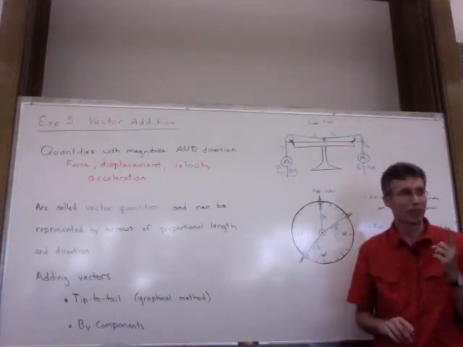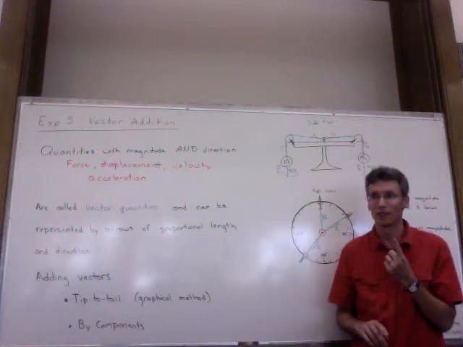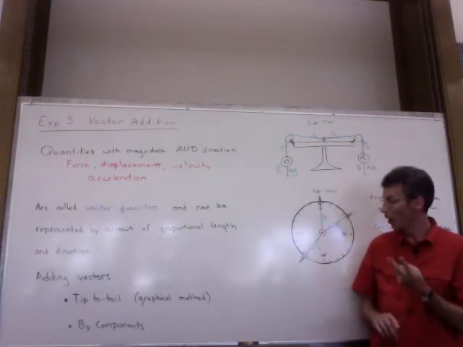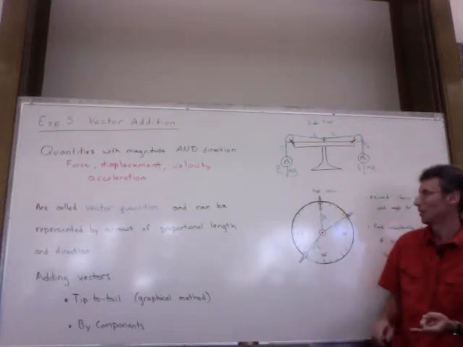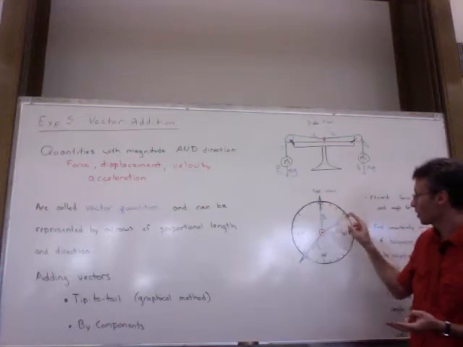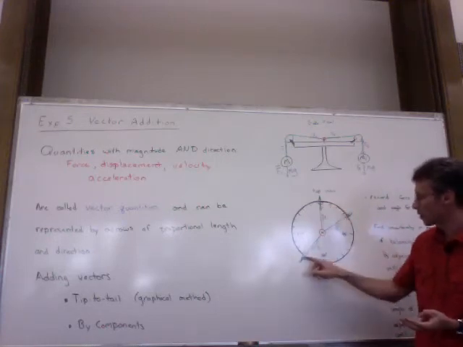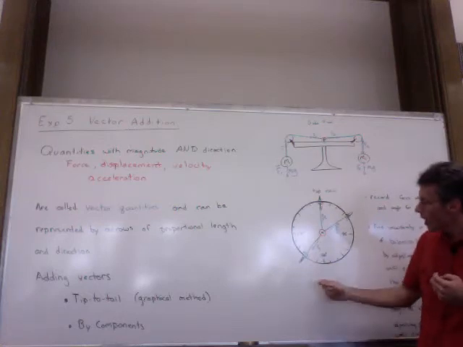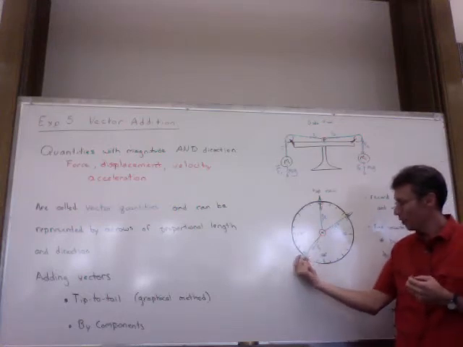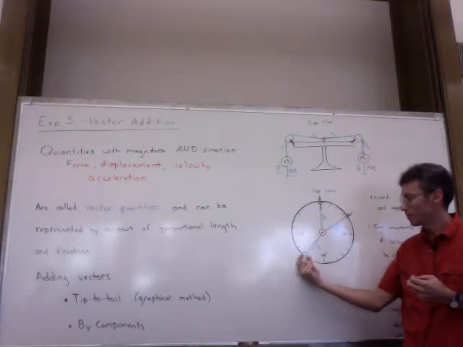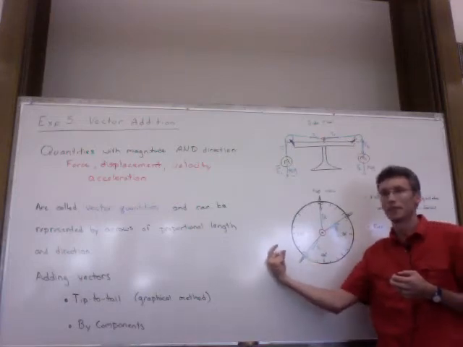What other quantity does a vector have? Direction. So we also need an uncertainty in the direction. Okay, so we'll read off the direction of these strings using the protractor, or the scale that's around the perimeter. And then we'll take this pulley and we'll move it a few degrees to either side.